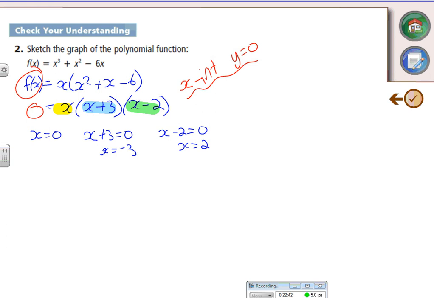Those are the 3 x-intercepts. Hey, let's put that on right now. It has to pass through 0, -3, and +2. Now, we don't know which way it's going to go. It's going up through it, down through it. Let's look at our end behavior.